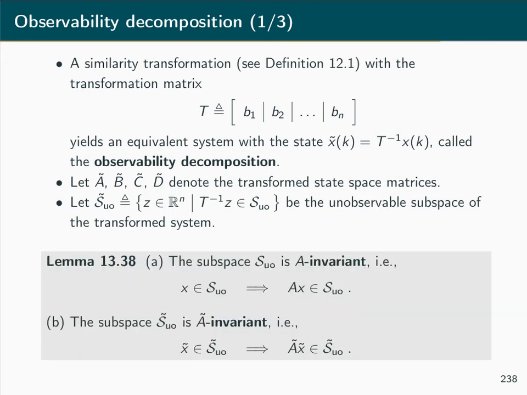Then we have lemma 13.38 stating that A, the subspace S_UO, is A-invariant, meaning that for any x in S_UO, we have that also Ax is an element of S_UO, and B, the subspace S_UO tilde, is A tilde-invariant, meaning that whenever x tilde is in S_UO tilde, also A tilde x tilde is an element of S_UO tilde.